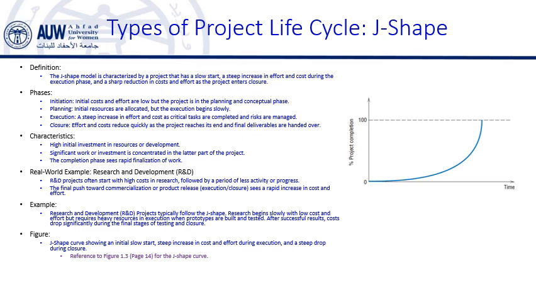For example, in pharmaceutical research and development, we can consider COVID-19, this could involve initial testing of drug compounds where progress is slow and costs are relatively low. Uncertainty is very high because the project team does not yet know if their effort will lead to a successful outcome, that is, a vaccine that cures or prevents COVID-19.